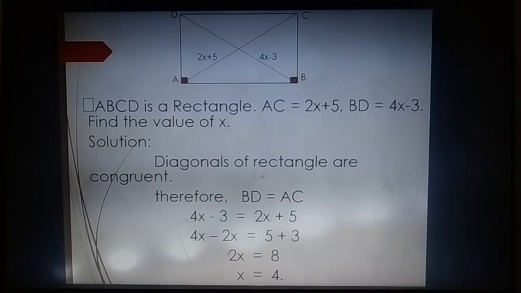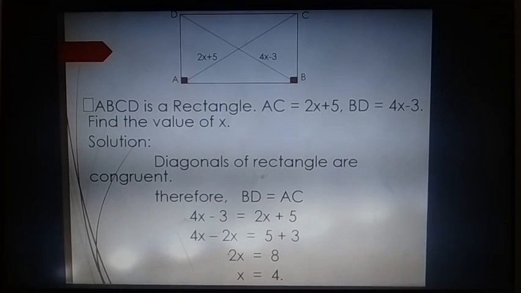Solution. We know that the diagonals of a rectangle are congruent. Therefore, diagonal BD is equal to diagonal AC. Substituting the values, 4x minus 3 is equal to 2x plus 5. Solving it, 4x minus 2x is equal to 5 plus 3.